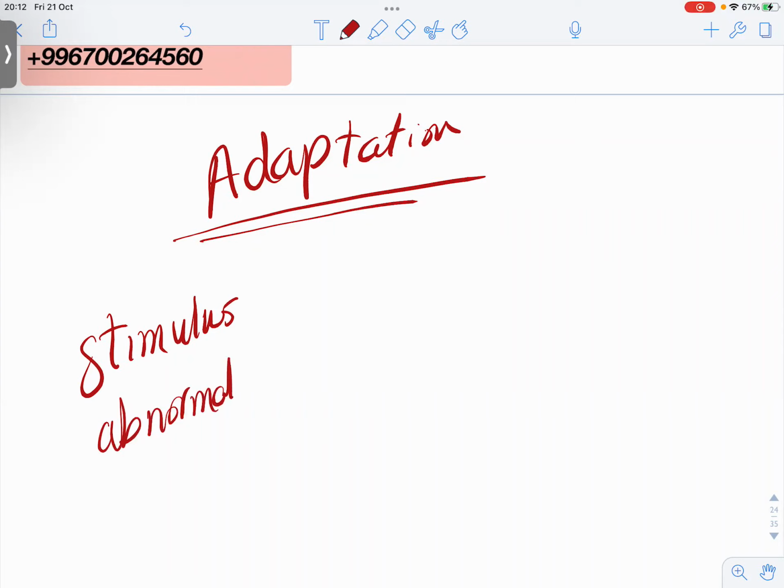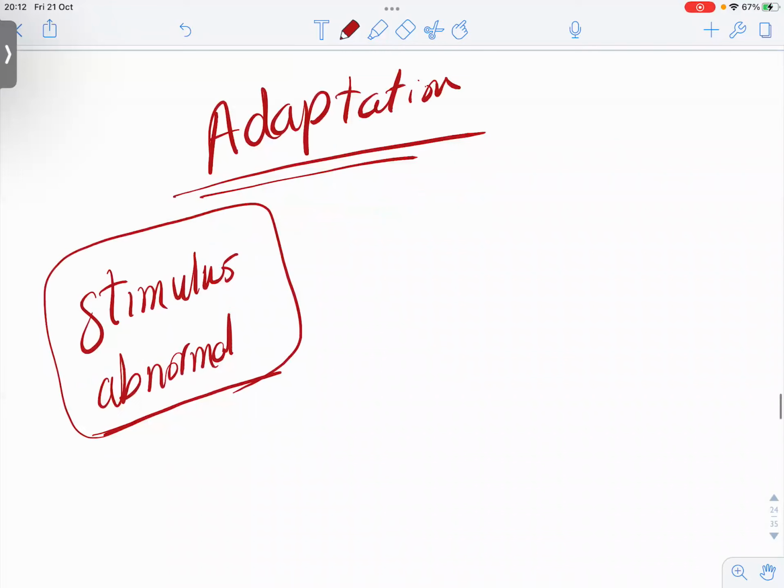So the cell will try to compensate this abnormal stimulus. The cell will try to face this stimulus. So how will the cell adapt with the stimulus?